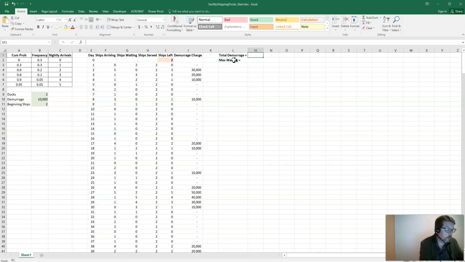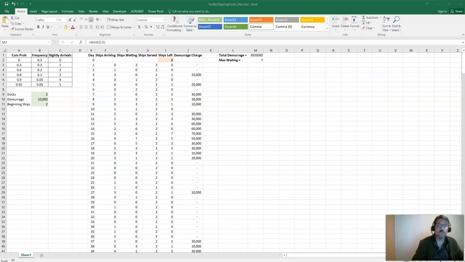Just to see how good or bad it is. Well, the total is the sum of column J. And the max is the max of column G. Sorry, I. That was silly. It's how many left at the end of the day.